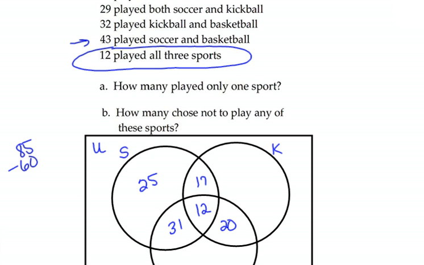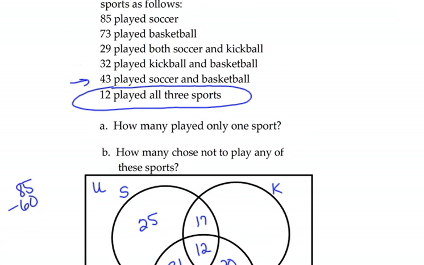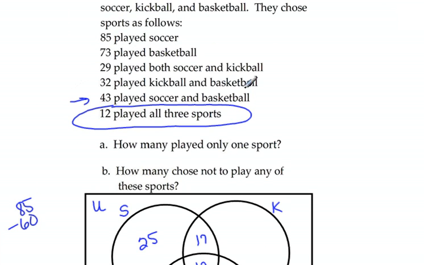Okay, let's next go to the final kickball region. Right now we have 17 plus 12 plus 20, which is 49. And in my problem, it says that I have a total of 72 that played kickball.